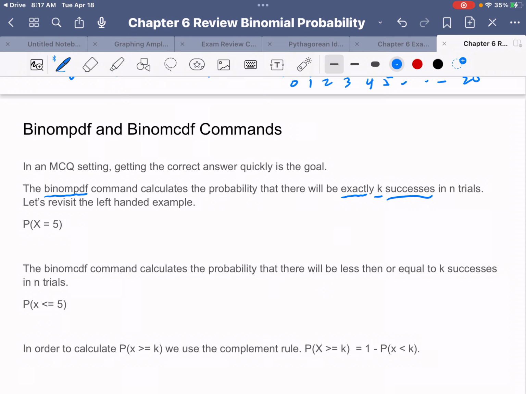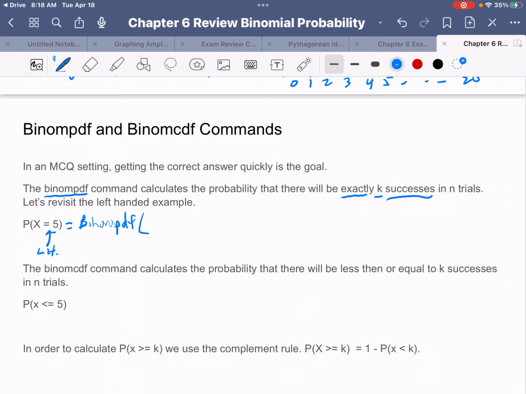Okay, so how to use the binomPDF command? What is the probability of finding 5 left-handers in that group of 20? Well, that would be binomPDF. And the binomPDF command, if you pull it up on a graphing calculator, takes 3 numbers.